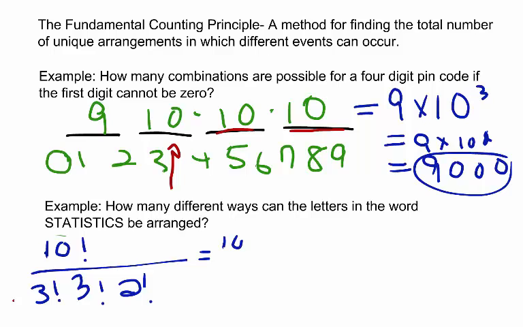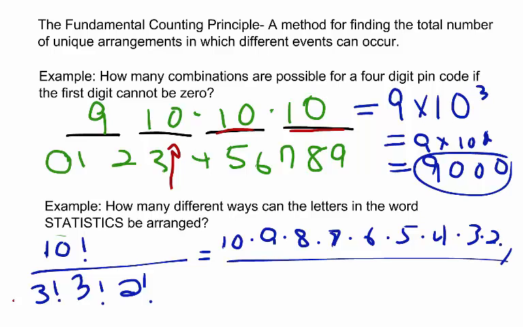So 10 factorial is the same as saying 10 times 9 times 8 times 7 times 6 times 5 times 4 times 3 times 2 times 1, all divided by 3 factorial, which is 3 times 2 times 1, another 3 factorial, and for 2 factorial, we write 2 times 1.